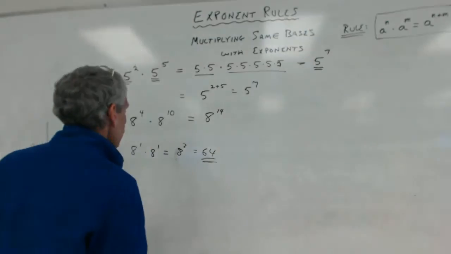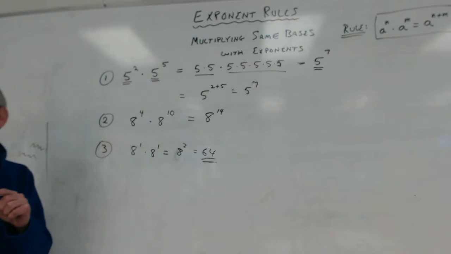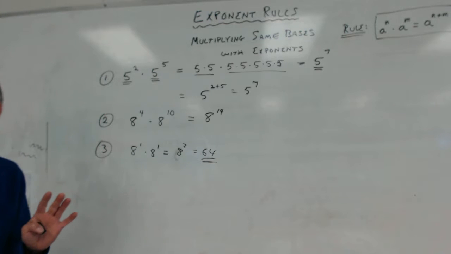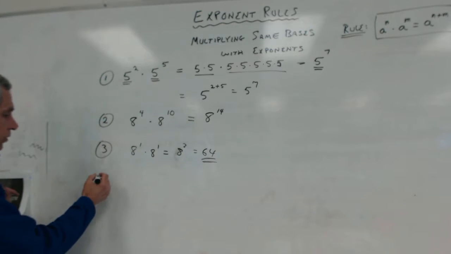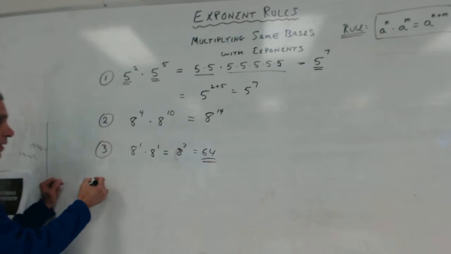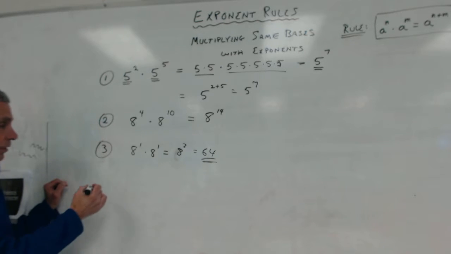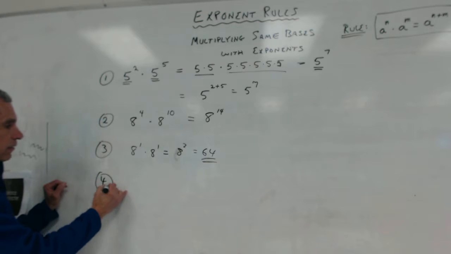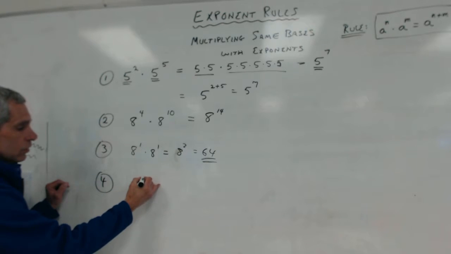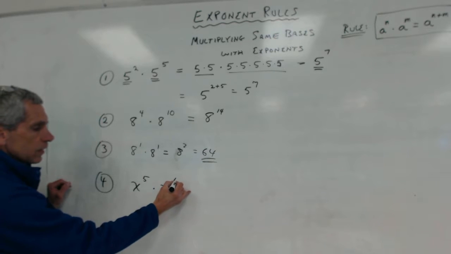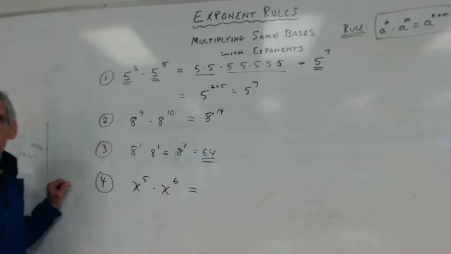All right. So now let's start. Now let's do a couple with variables, right? Because most of algebra is going to involve variables, okay? So here we go. How about I give you x to the 5th times x to the 6th. What would that be?